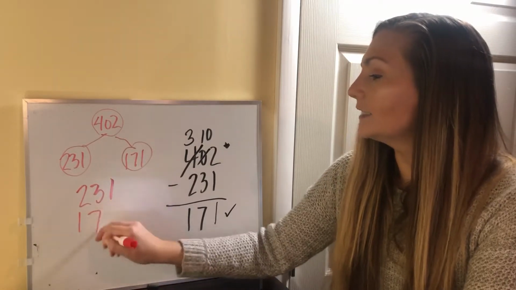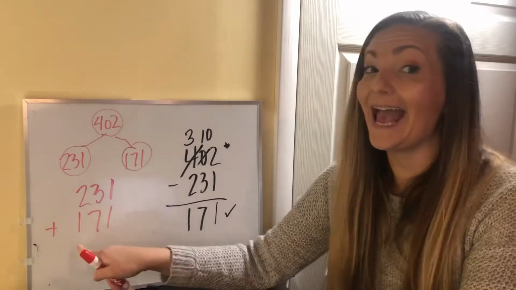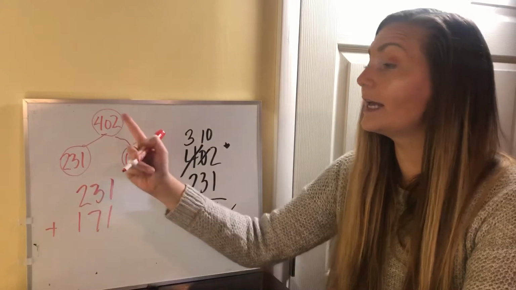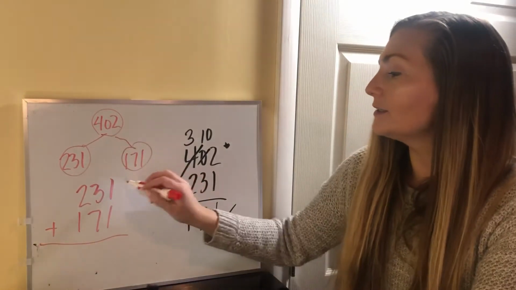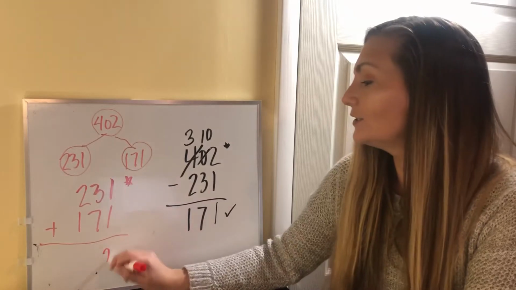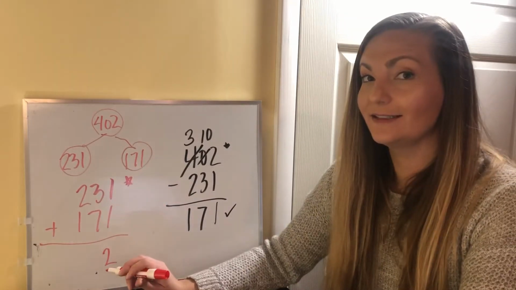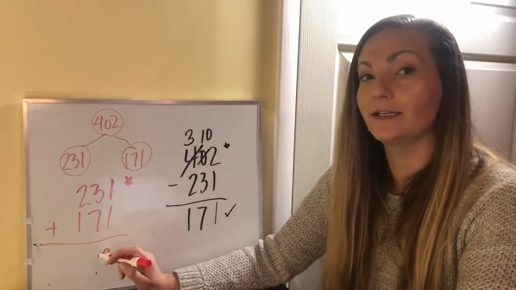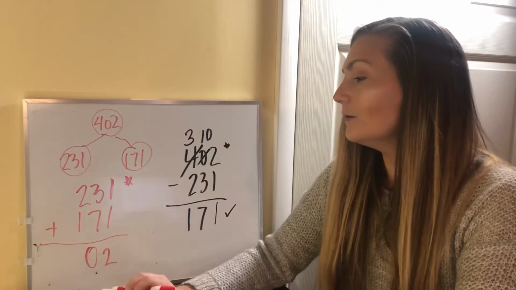So I'm going to line them up and add, because here we're looking for a total. Starting in our ones like always. 1 plus 1 is 2. 3 plus 7 is 10. So what do I put here? 0, and where's the 10 go?